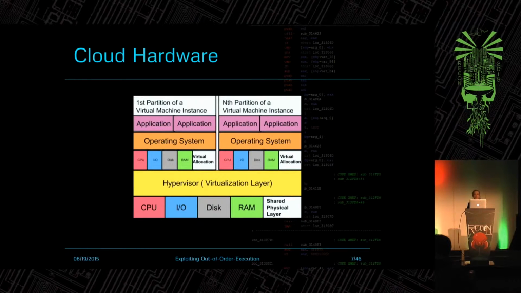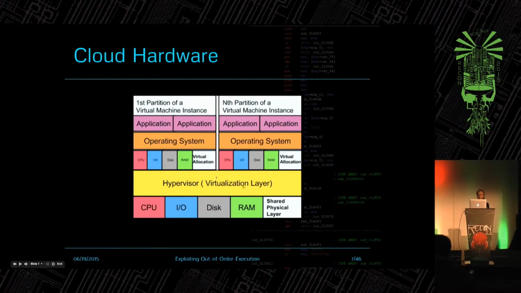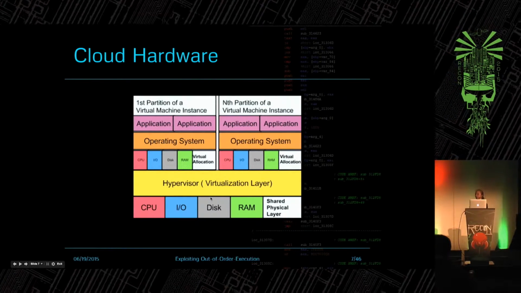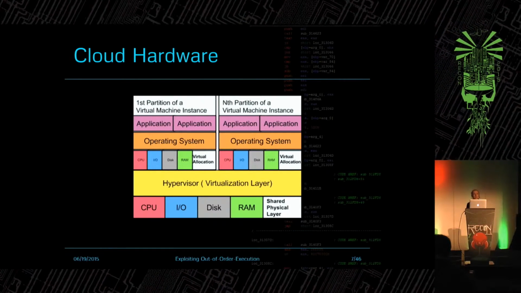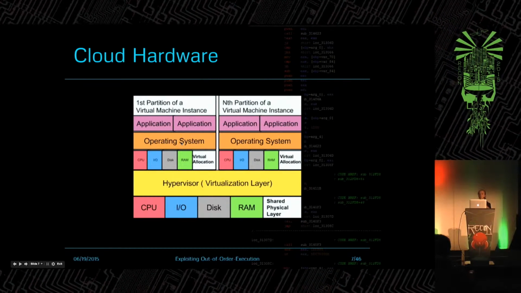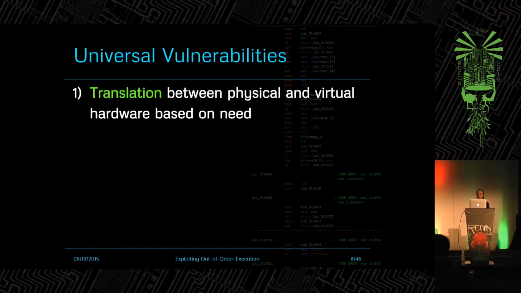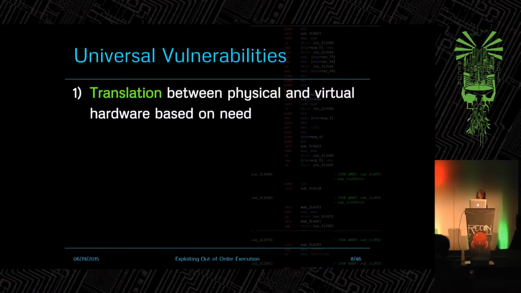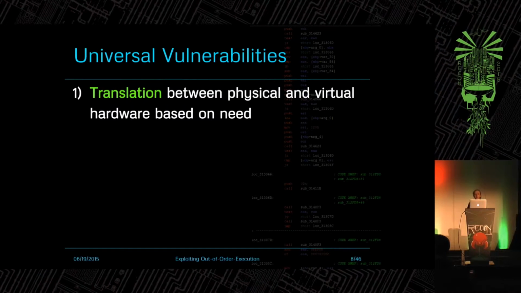Again, here's the basic hardware structure of the cloud. You have the hypervisor layer, which is in the middle, and is taking that shared physical layer and dynamically allocating that up to the different operating machines above. So each virtual machine will see its own virtual allocation of that shared hardware. So the universal vulnerabilities with this is in that translation between the physical and the virtual hardware.